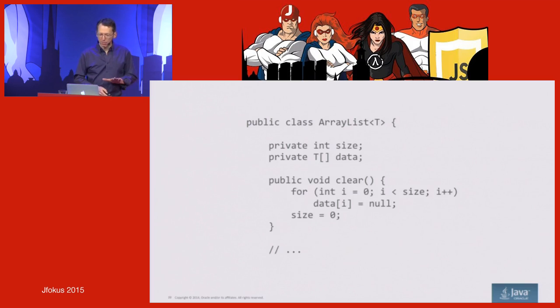So there's still a problem here, and that is that sometimes existing generic code, and this may sound an odd thing to say, is not generic enough. If we look at code that's currently in ArrayList, there's a clear method, and the clear method walks through the data and sets each element to null.